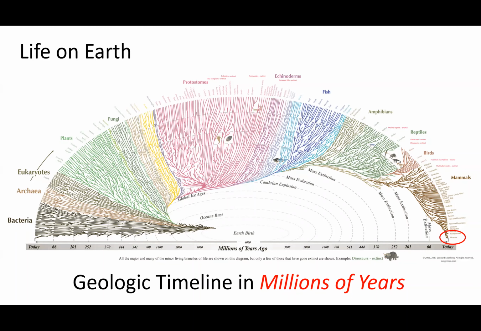After the ocean rusts, when the earth was so saturated with oxygen that the ocean started to rust, and then bacteria helped to clean the ocean, and then we have the global ice ages, and then we had the Cambrian explosion, and then we had several different mass extinctions. We know one very well, the last one, 288 million years ago, caused by an asteroid that hit the planet and killed all the dinosaurs.